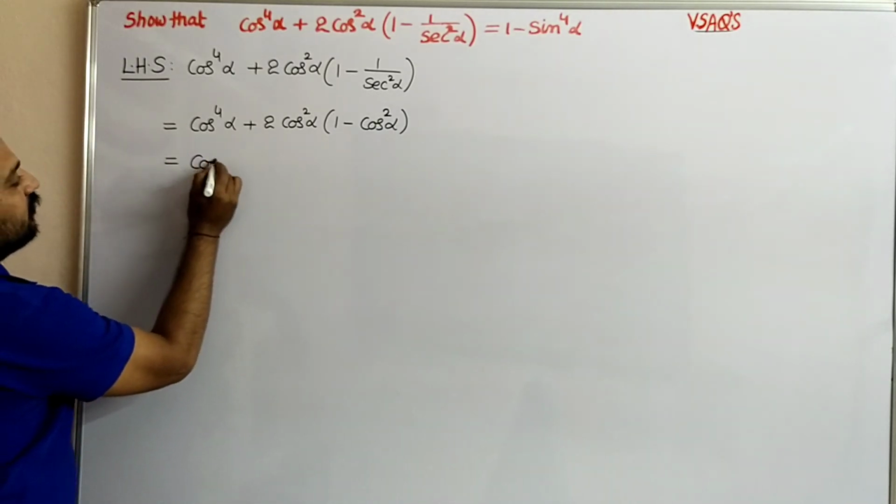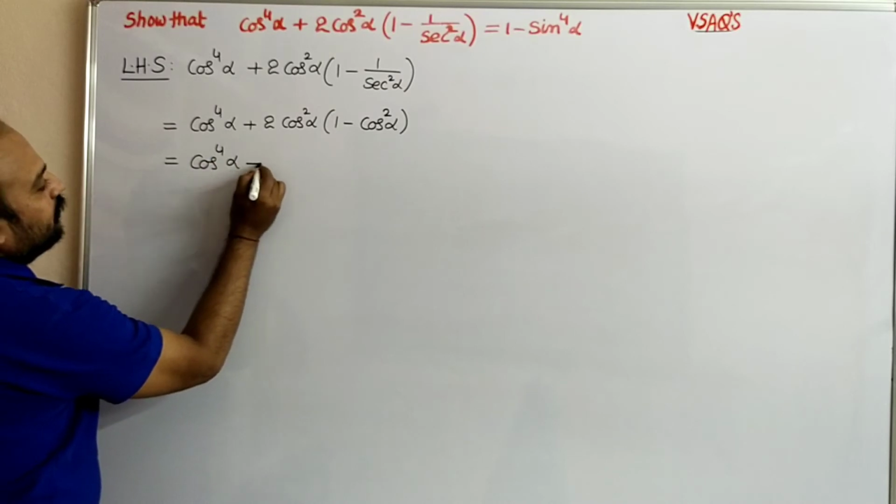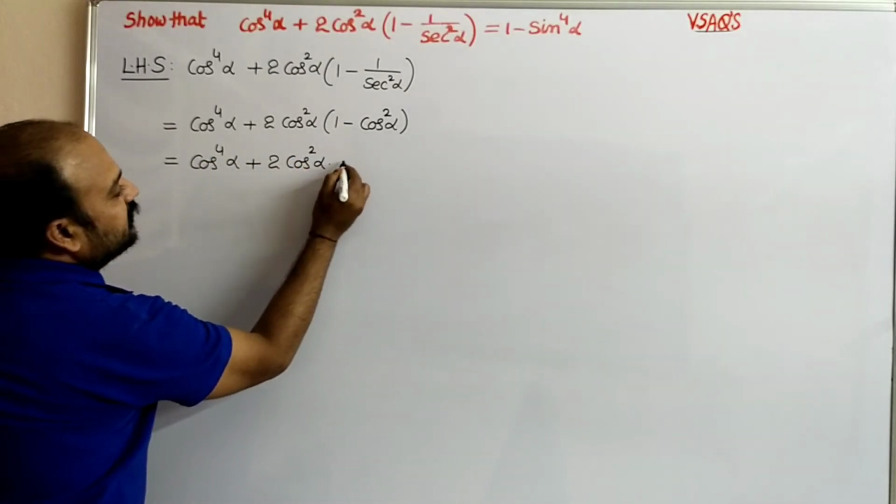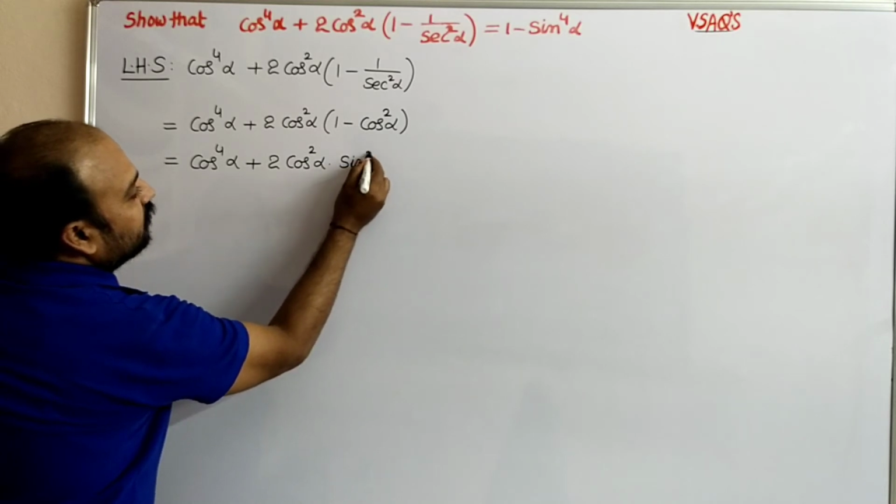So cos power 4 alpha plus 2 into cos square alpha into sine square alpha.